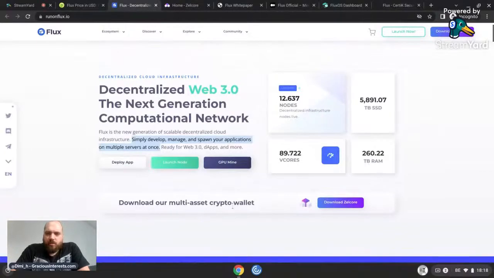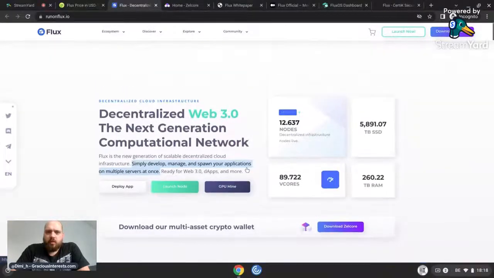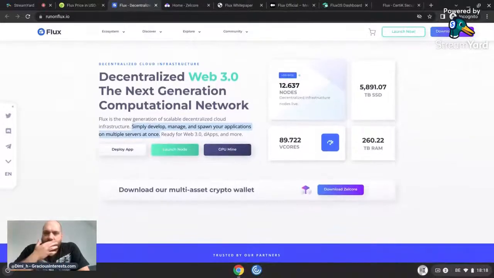Down to our multi-asset crypto wallet, download Zelcore. Another thing which I like is they give you an immediate overview of what they are doing. This, unlike other Web 3.0 projects, I might say, whereby you are immediately greeted with a little button on screen which says you can buy our coin here, you can buy the applications there.